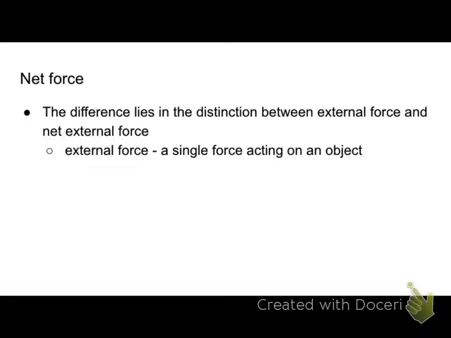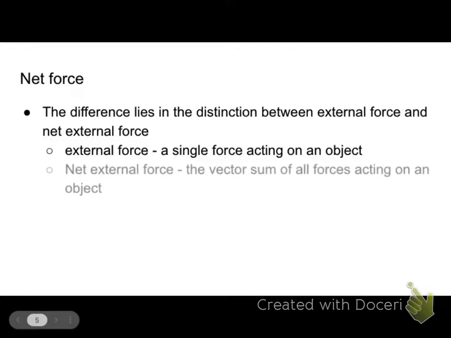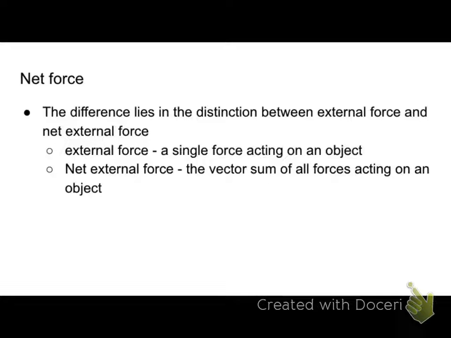They're forces, so they're acting in a direction and with a magnitude. However, the net force is a vector sum of all the forces acting on an object, such that your net force would produce the same motion in your object as the combination of all of the other forces.